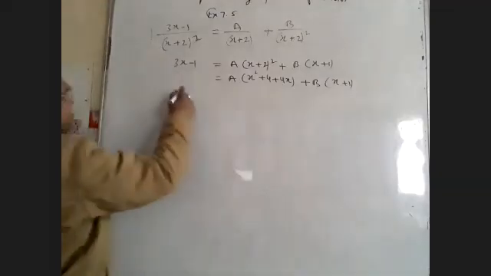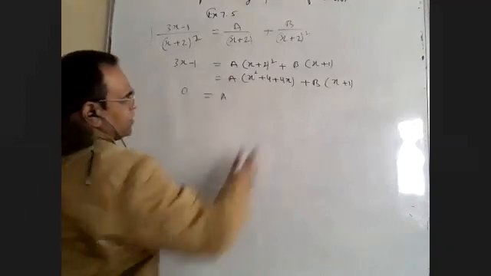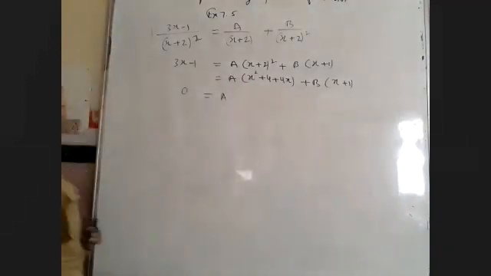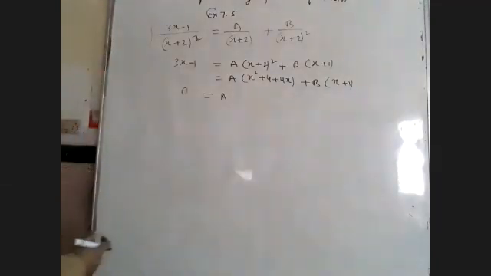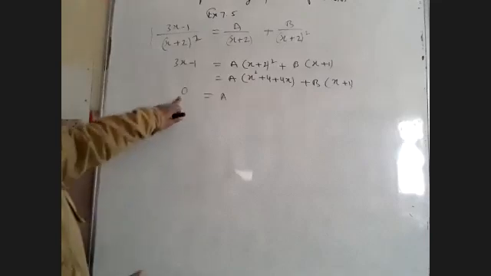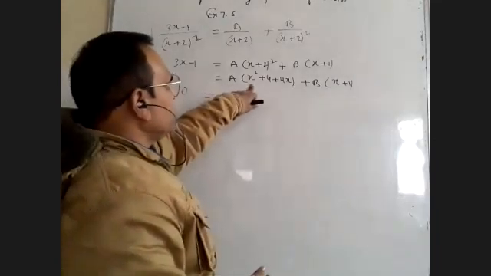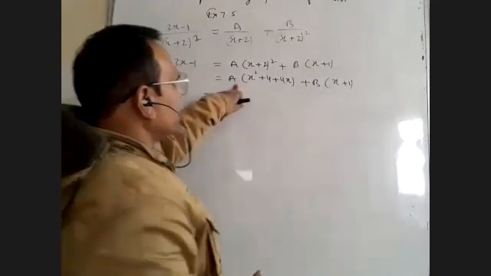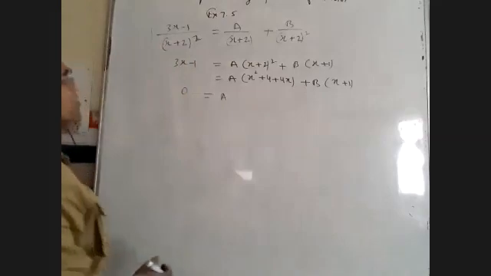The coefficient of x square on the left hand side is 0. On the right, the coefficient of x square is a, but there is no such term in b. So the value of a becomes 0.